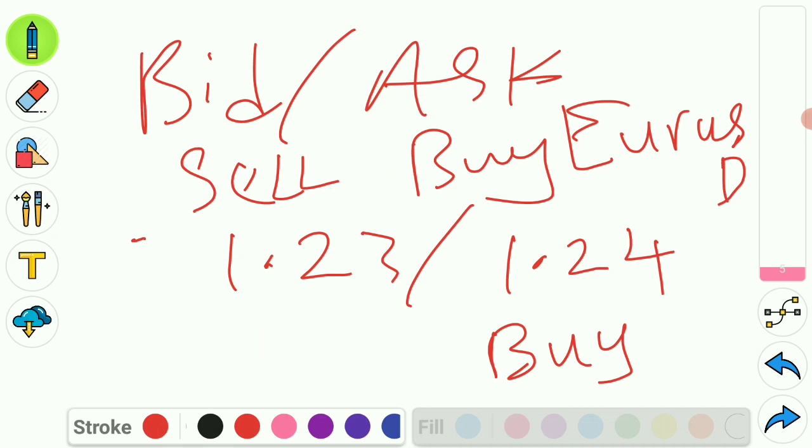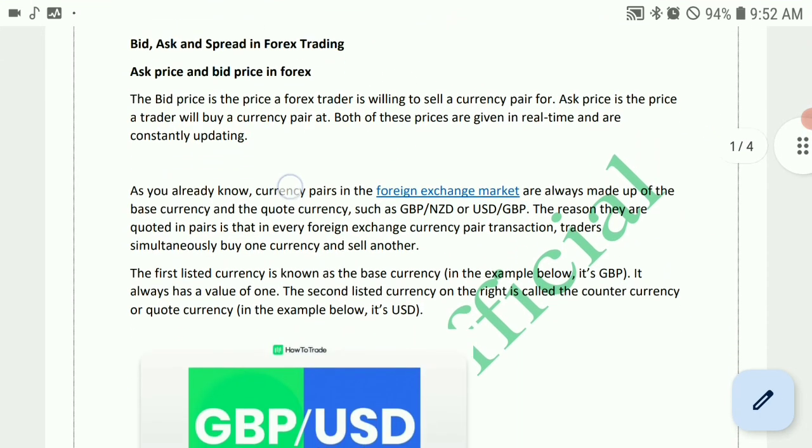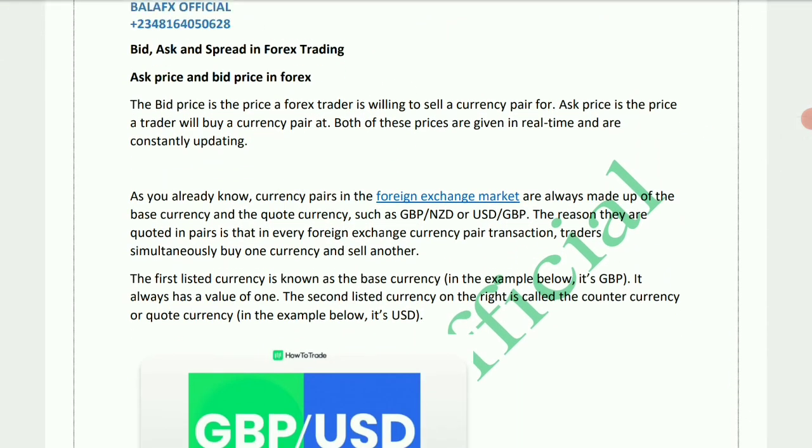So in simple terminology, ask price is the price you are willing to buy, whilst bid price is the price you are willing to sell.